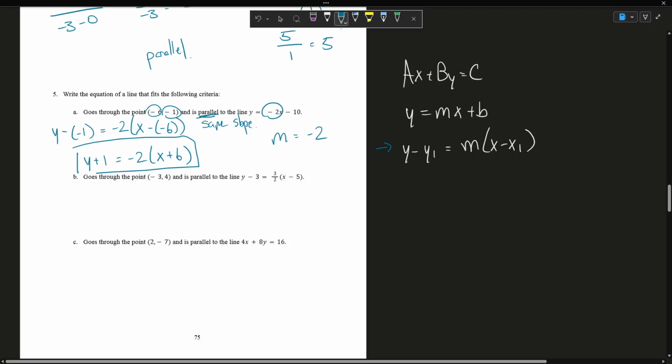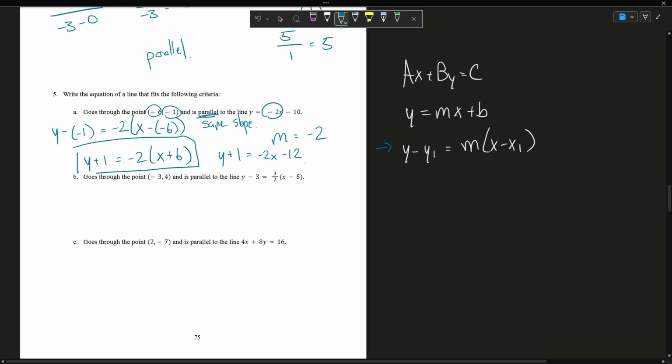One thing you can do instead, if you always like slope-intercept form, as we do these questions, I will probably ask you to set it up in different forms. But what you can do is just distribute the -2. So y plus 1 equals -2x minus 12.